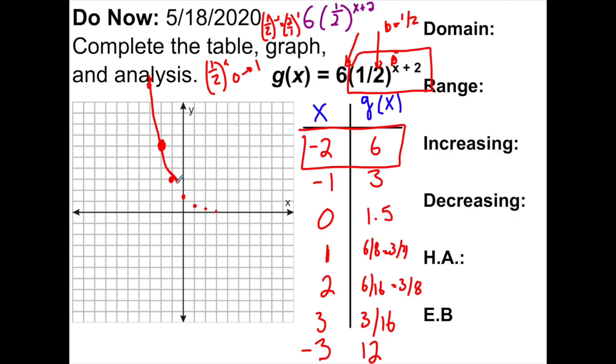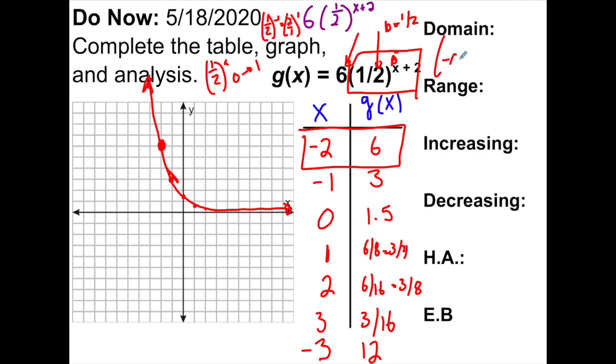Okay. So here's my function right here. And you can see that as I go the other way, I'm getting closer to 0. You can also see the absence of a k value over here also indicates that I am most likely going to have an asymptote of 0.